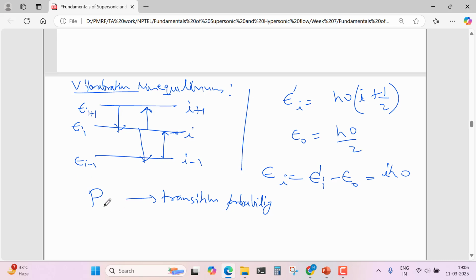So let's say there is one particle in the ith level and it will have a molecular collision with another particle and go to the I plus 1 energy level. So the probability of the particle going from the ith level to I plus 1 is given by P I, I plus 1.